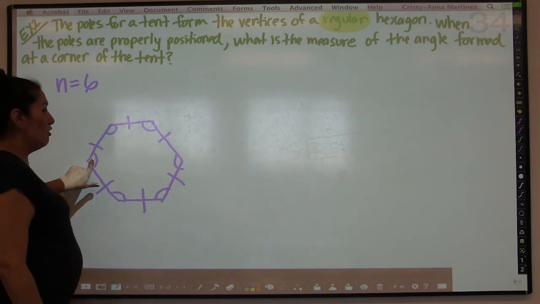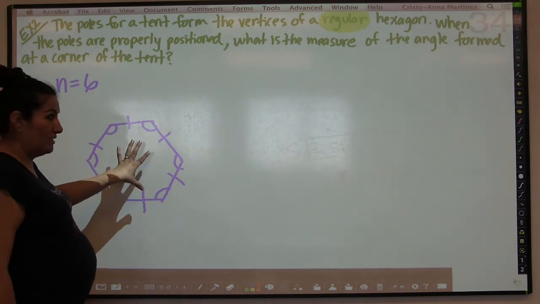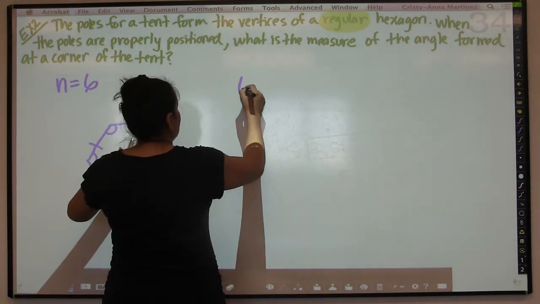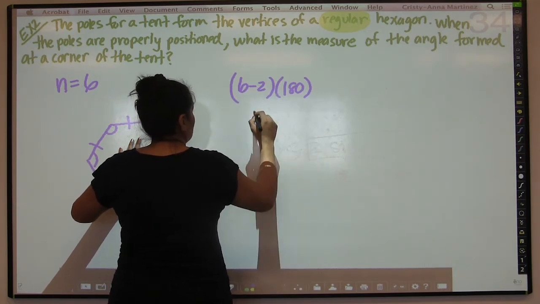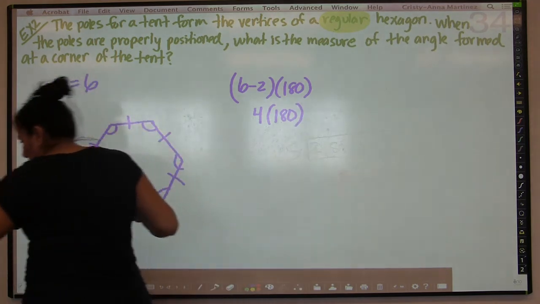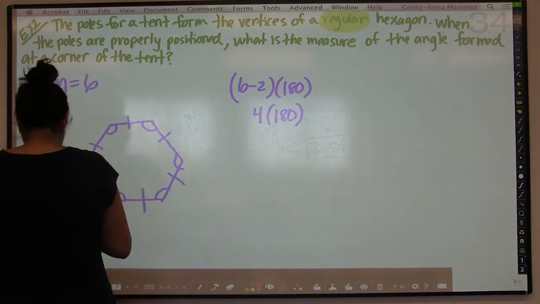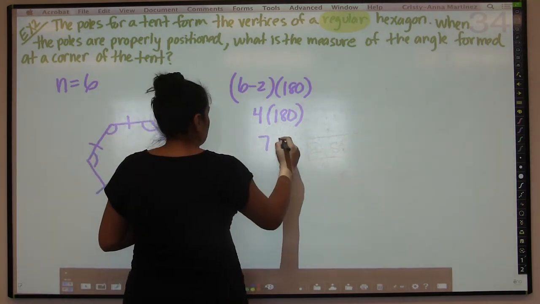So what we have to do is, first and foremost, figure out how many degrees are in the figure altogether. And that's going to be 6 minus 2 times 180, which is 4 times 180, which gives you 720.